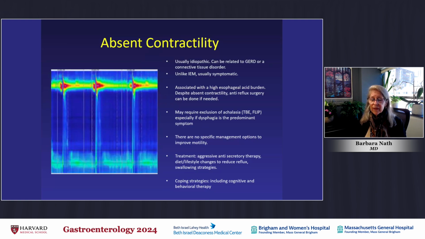The distensibility index can be very low, even if the motility tracing shows a normal IRP, because the distensibility index is a much more sensitive measure for EGJ function than a standard esophageal motility study. And as I said, for this, really nothing will improve motility. So the treatment is just aggressive anti-secretory therapy, lifestyle changes, and coping strategies.